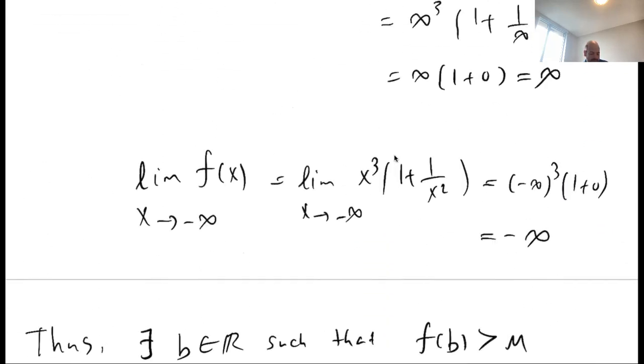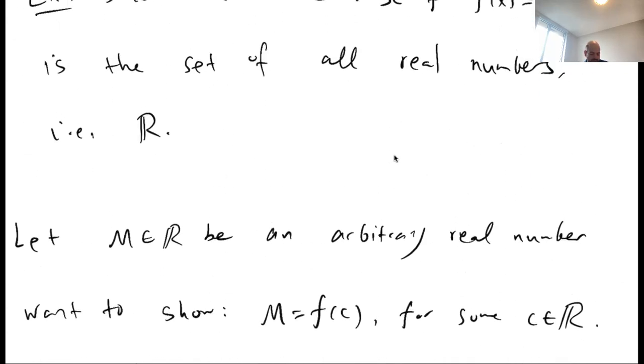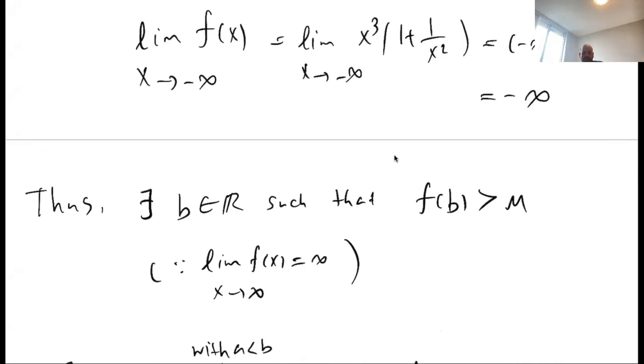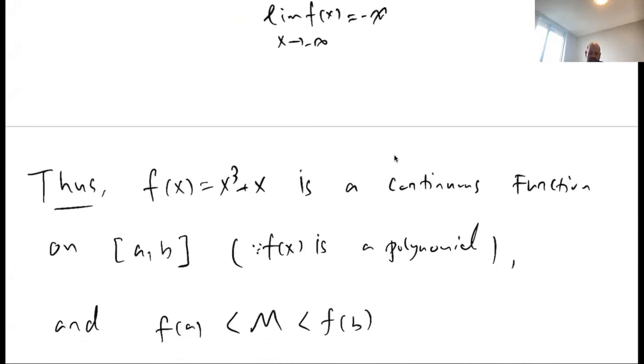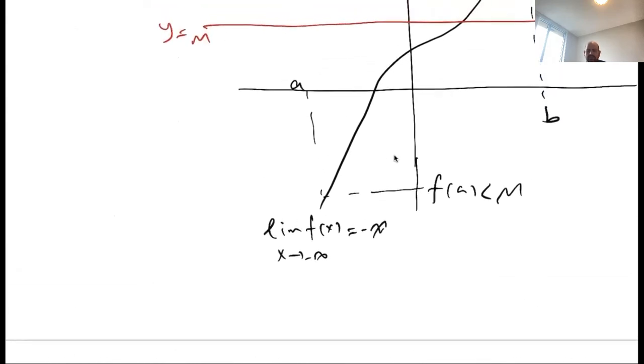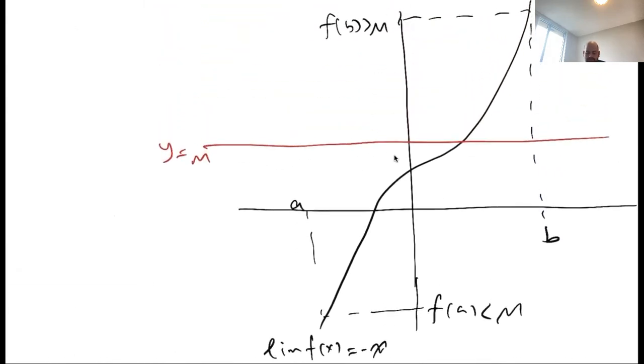Remember, this m was an arbitrary real number. And we showed that it must be in the range. So every real number must be in the range of f, which means the range of f must be the set of all real numbers, right? And this picture also shows that for any number m that you consider, we can find some a with f of a less than it, some b with f of b bigger than it.